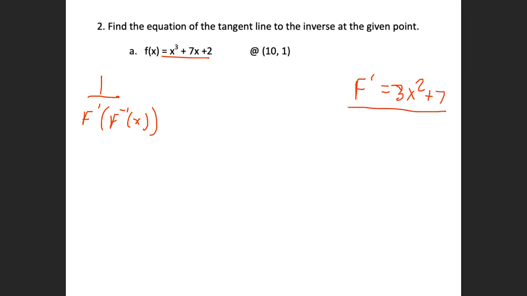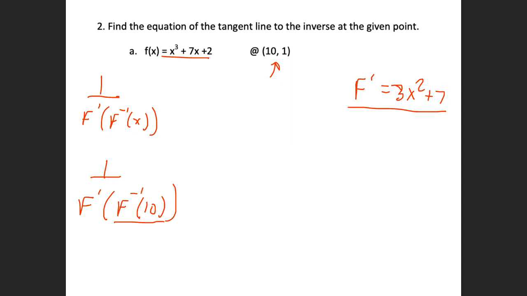So I know I need that. And I also need this. I need the inverse value, because if I plug in 10 here, I'm going to take the derivative of the inverse of 10. Well, what is the derivative, or I'm sorry, not the derivative. I always get those mixed up. What is the inverse of 10? What is the value?